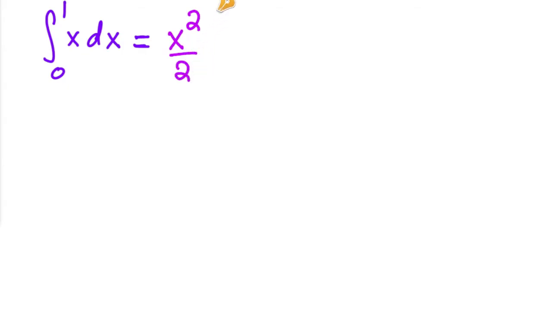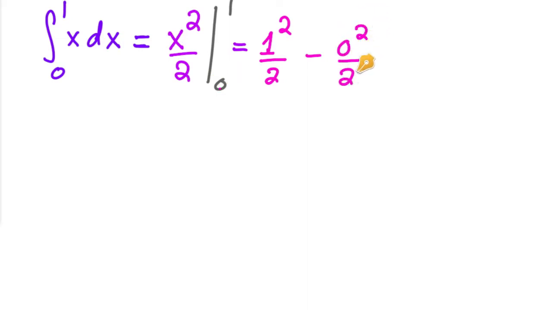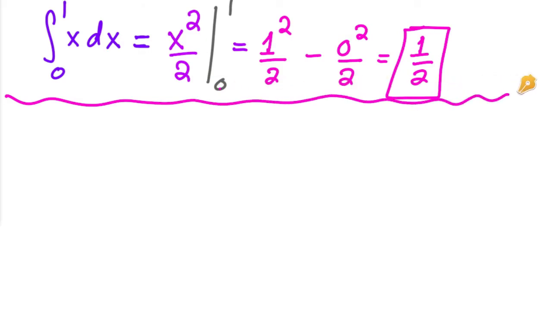And then we're going to evaluate from 0 to 1. Okay, so then we plug in the top, which is 1. So we would have 1 squared over 2, minus, plug in the bottom, which is 0, 0 squared over 2. And so then we just get 1/2. That's it. It's easy, right? Easy, easy, easy. The fundamental theorem of calculus just simplifies this so much.